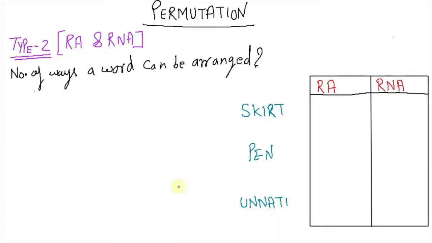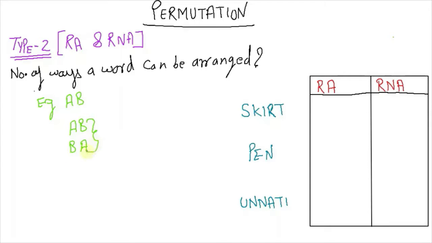Let's deal with the second type, that is repetition is allowed and repetition is not allowed. Before going into the question, let us understand the difference between them with the help of an example. Say we have a 2-letter word, that is AB. In case repetition is not allowed, we can arrange them in AB and BA.